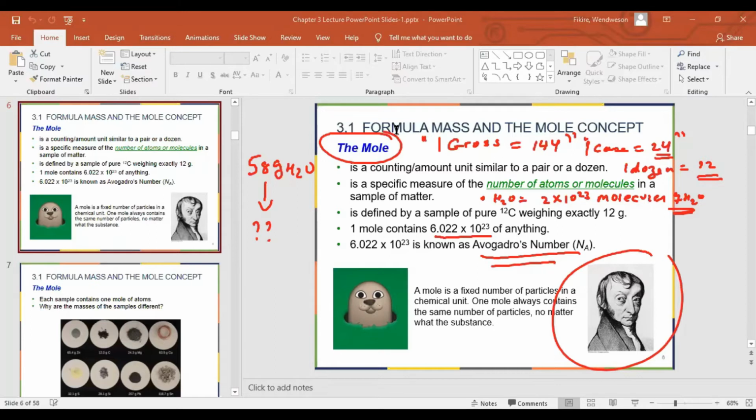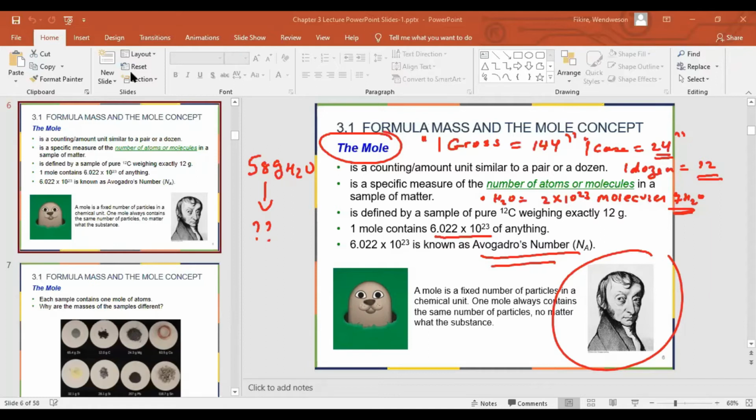We did 58 divided by 18.015, got 3.2 moles, times that by Avogadro's number, and then we simplified it as 6.022 times 10 to the 23rd.